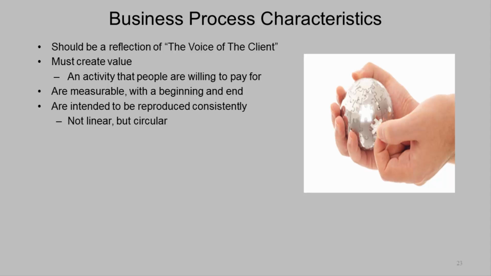A lot of supply chain and logistics is about repetitiveness, handling thousands of shipments a day or hundreds of customer inquiries. So you don't want start, finish, start all over again, but repeatable and reproducible in a circular fashion.